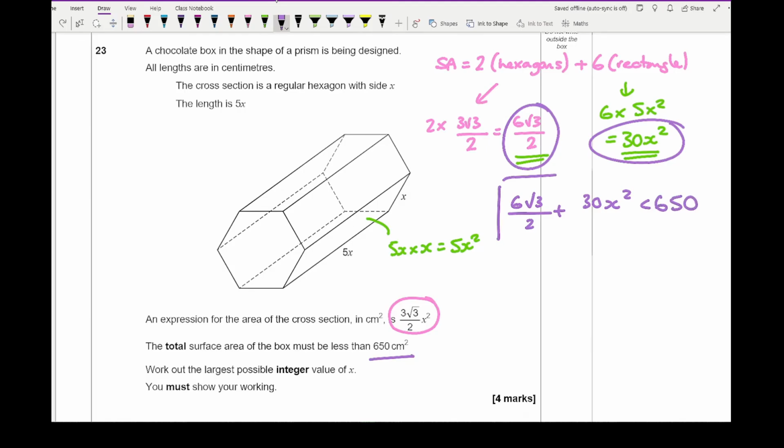So this is what I'm working with. Now, to simplify this, I need to have a common denominator. So I'm going to convert this here so that it's over 2, and to do that I just multiply it by 2. So that then becomes 6 root 3 over 2 x squared plus 60x squared over 2.